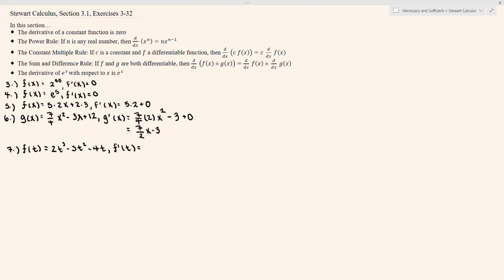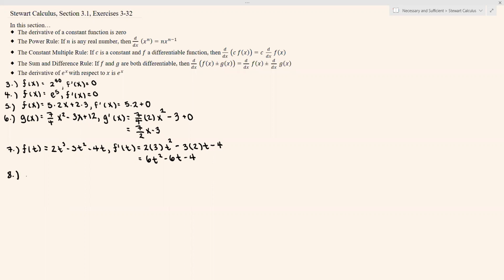The derivative of 2t cubed is 2 times 3, t to the power of 3 minus 1 is 2, minus 3t squared, so we take 3, again, multiply it by 2. T to the power of 2 minus 1 is 1, so that's t to the 1, and minus once again, the derivative of 4t is just 4. If we simplify this a bit, this becomes 6t squared minus 6t minus 4.